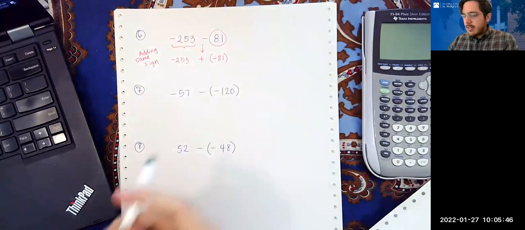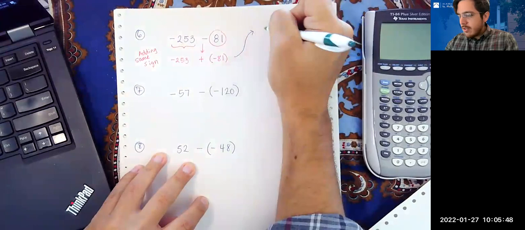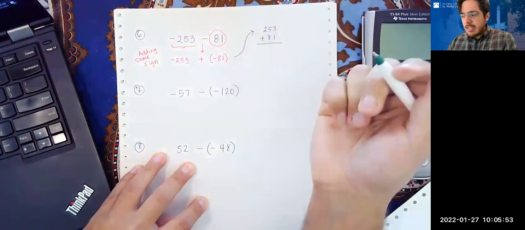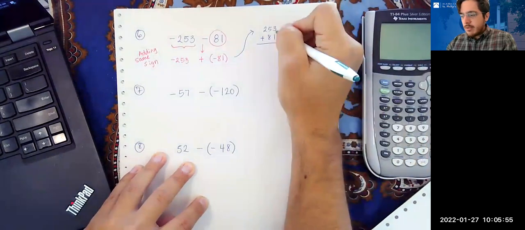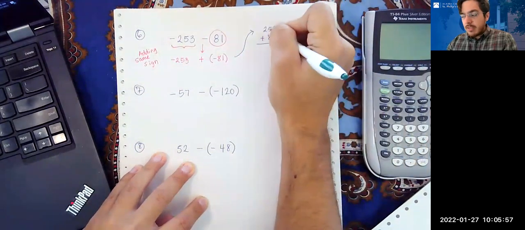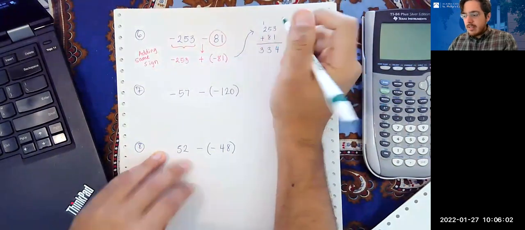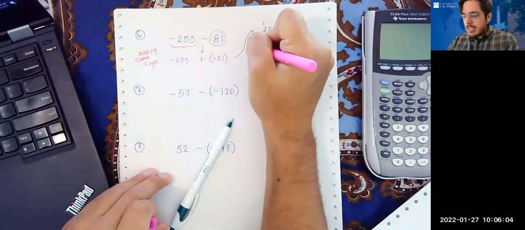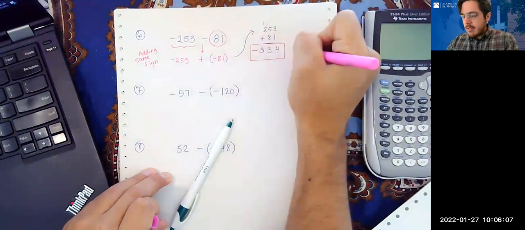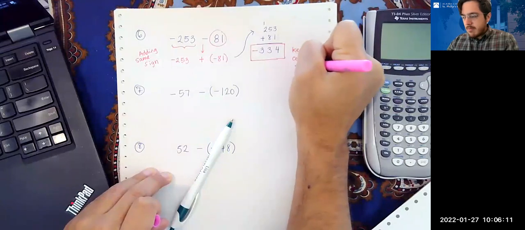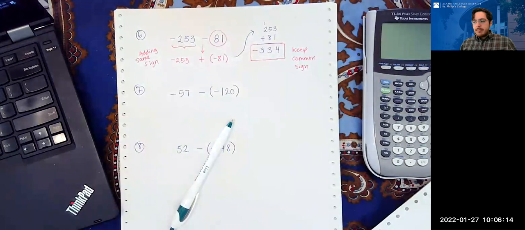All we're going to do here is take our 253, add our 81, and keep the common sign. So we should get 4, 13 with the 1 up, and that should be a 3. But we're going to keep the common sign. Does anybody have any questions about that one? I got that.